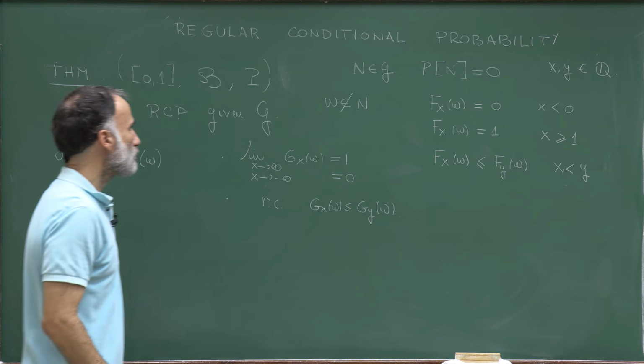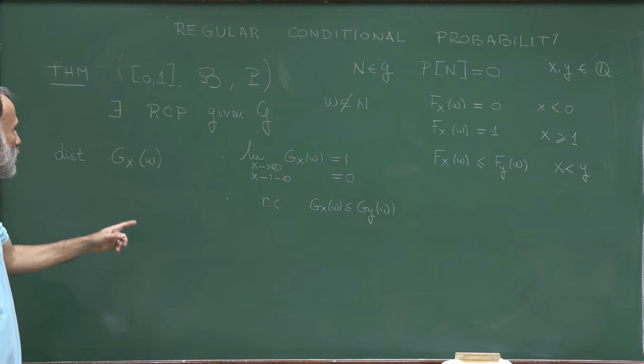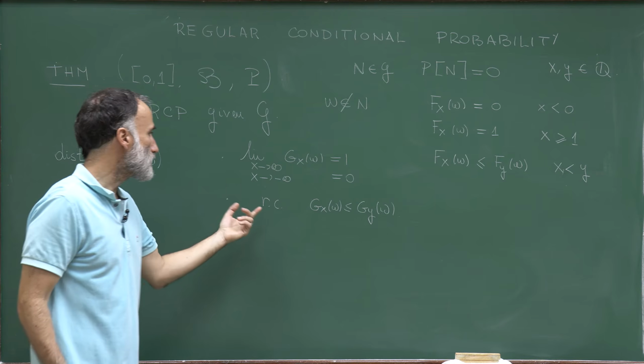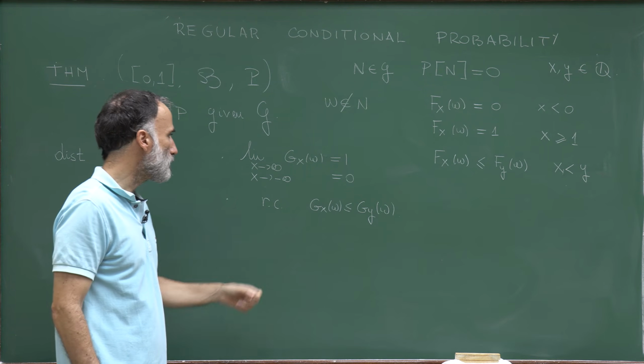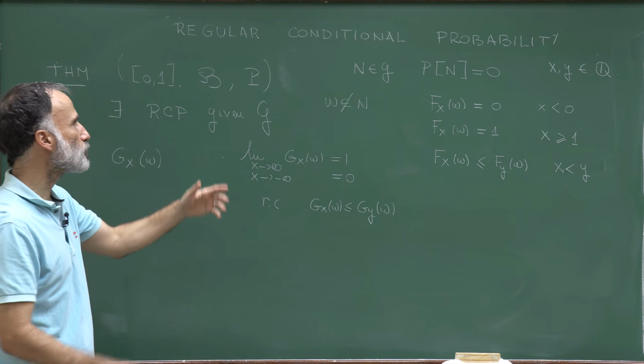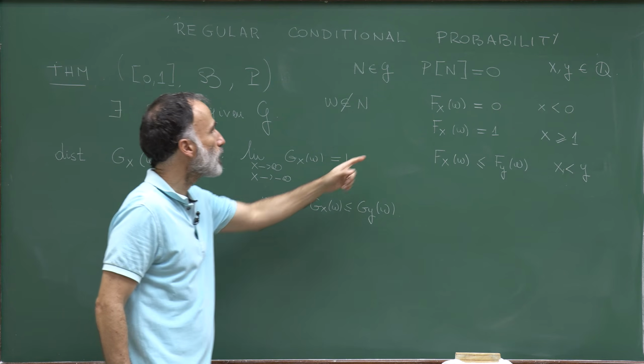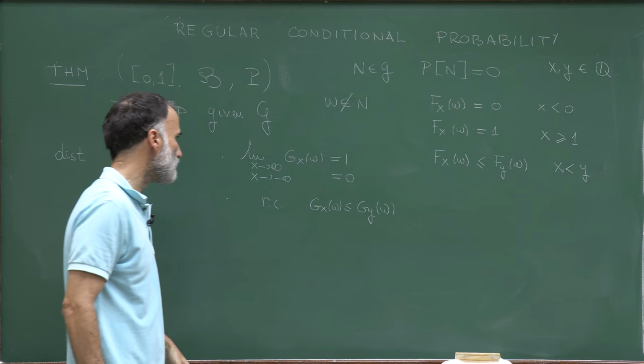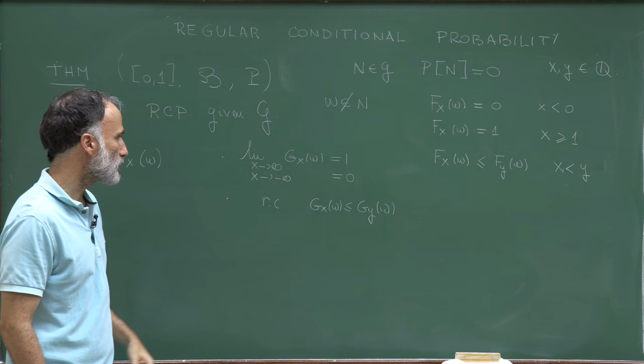So the difference from G to F is that G will be defined for all x, and since it's defined for all x, it makes sense. Well, it would make sense also, but while I did not guarantee that this function is right continuous, G will be right continuous.